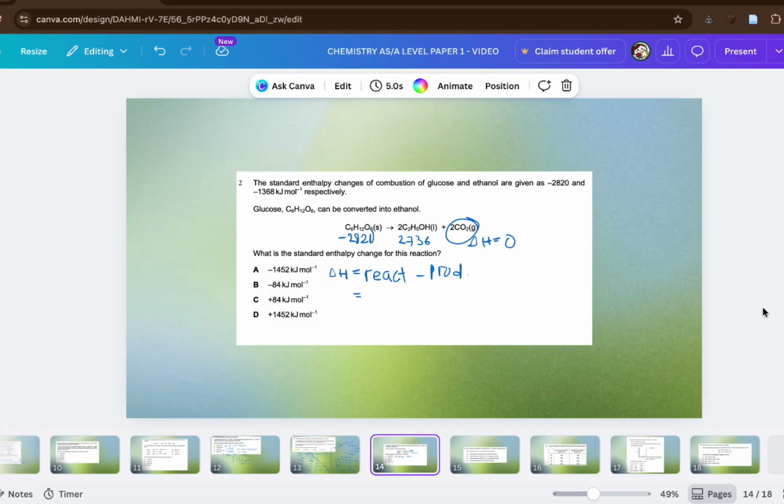The reactant is 2,820 minus a negative. Don't forget to put the negative. 2,376, which is about 84 kilojoules. Which gives us the option of B.